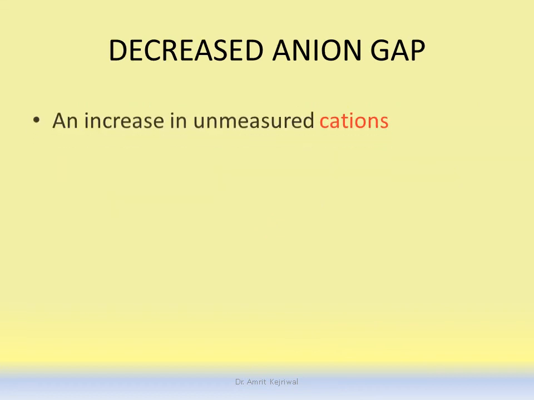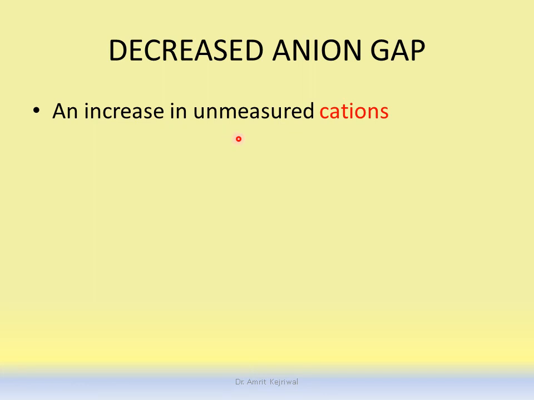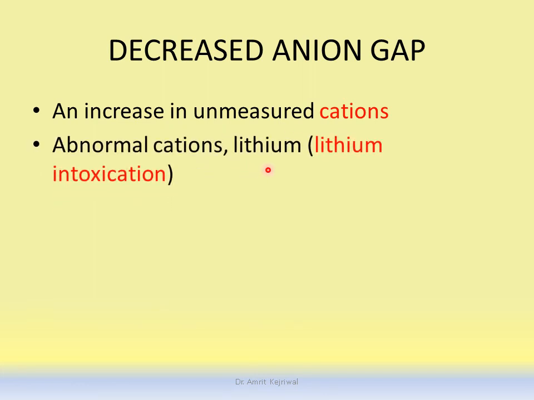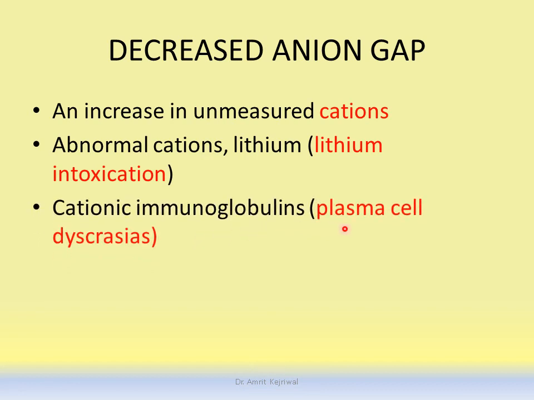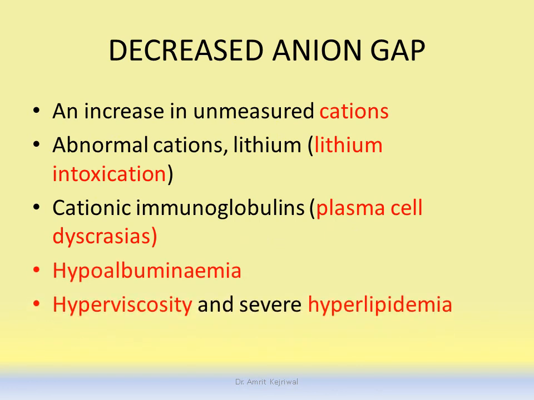Decreased anion gap is due to an increase in unmeasured cations, abnormal cations such as lithium, cationic immunoglobulins such as plasma cell dyscrasias, or hypoalbuminemia. Hyperviscosity and severe hyperlipidemia can also cause decreased anion gap.